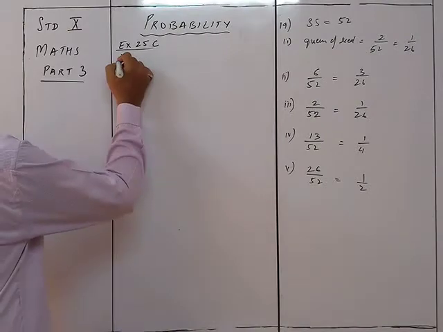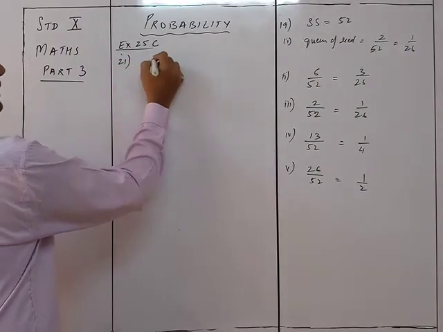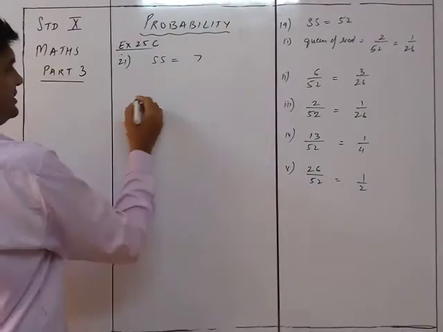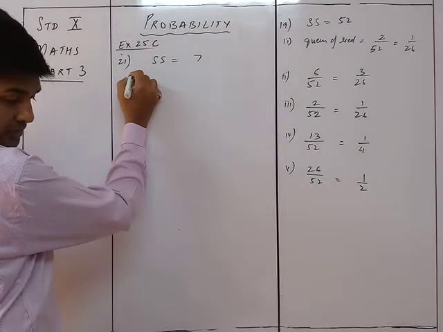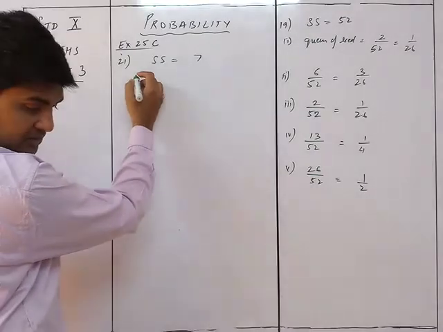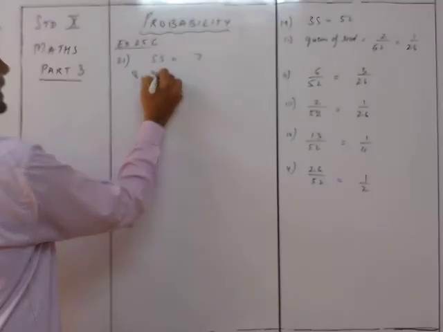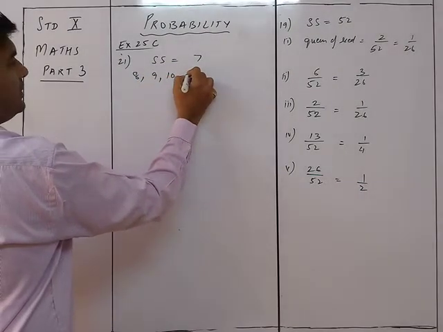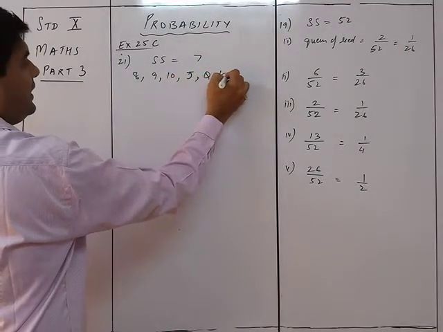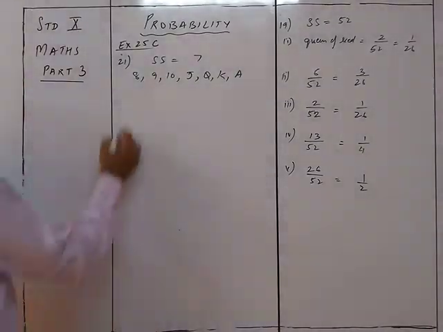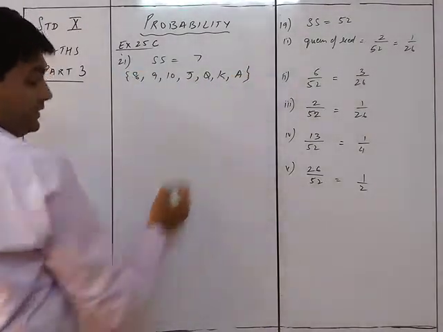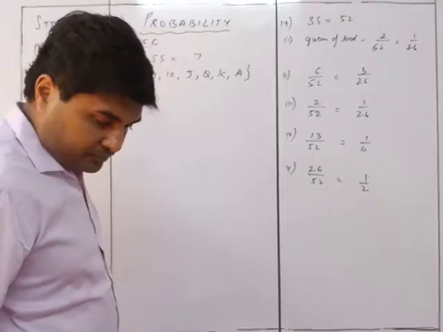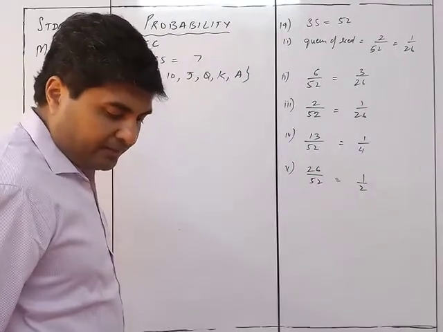So therefore in sum 21, the sample space is equal to 7 cards. Which are the cards? 8, 9, 10, Jack, Queen, King and Ace. These are 7 cards. They are taken and one card is picked up at random.